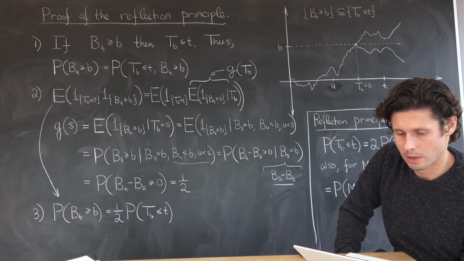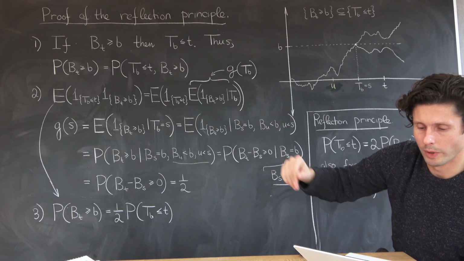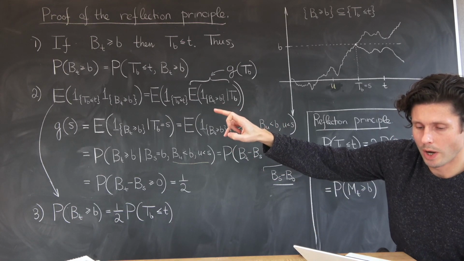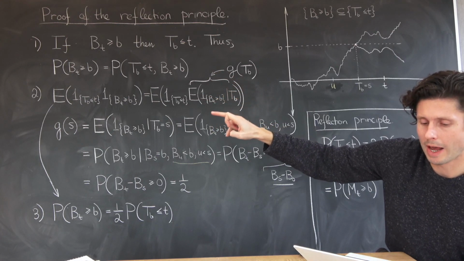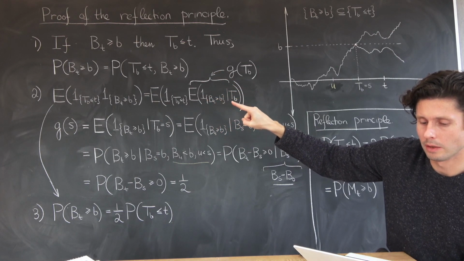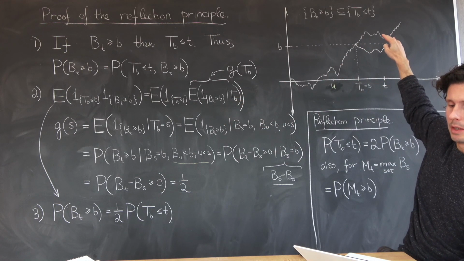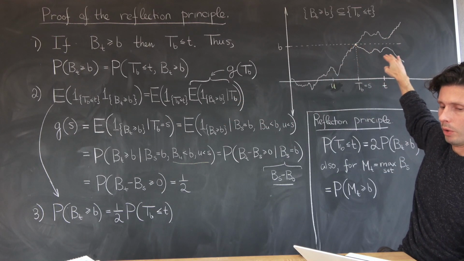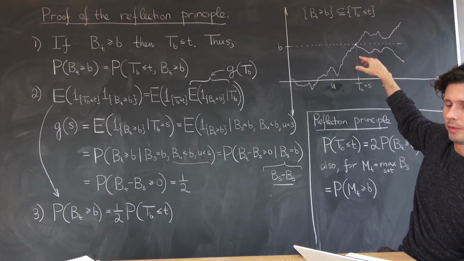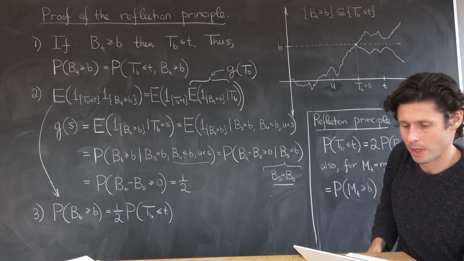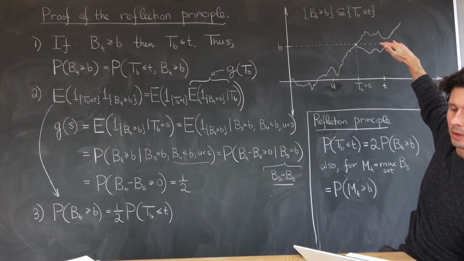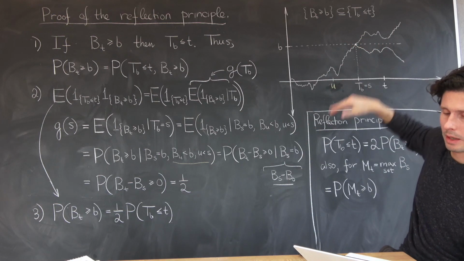That's the intuitive way of understanding what happened here. That's exactly why we're able to assign a probability of 1/2 here. The probability that, given this occurrence, it went above is just as likely as if it went below, and hence reflection. I tried to draw this as best as I could, a reflection around the level B.